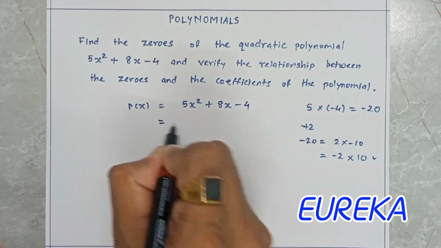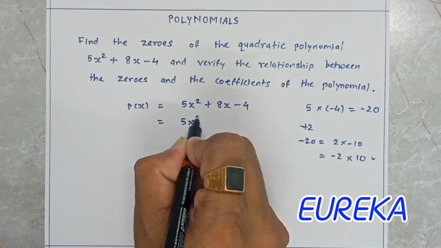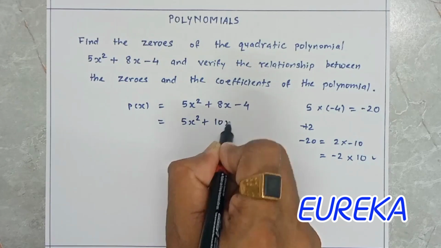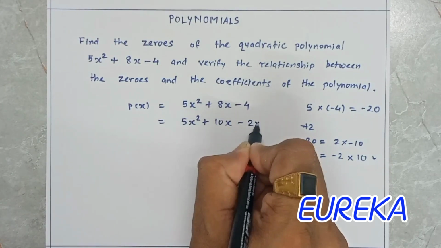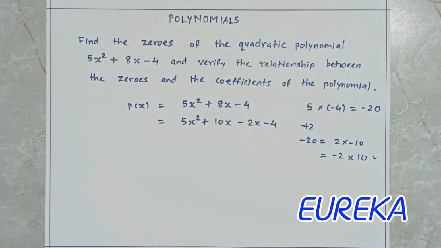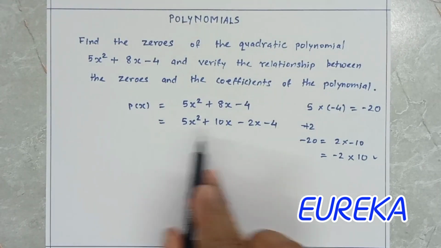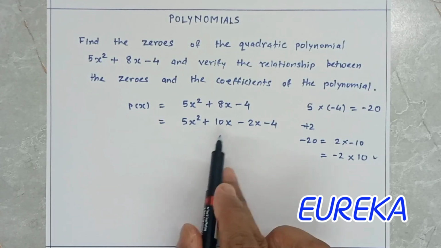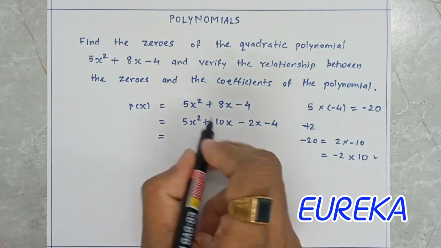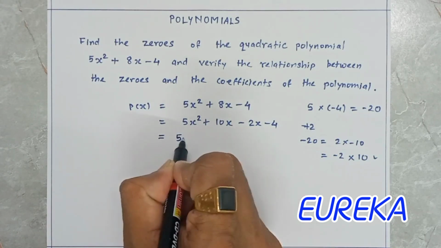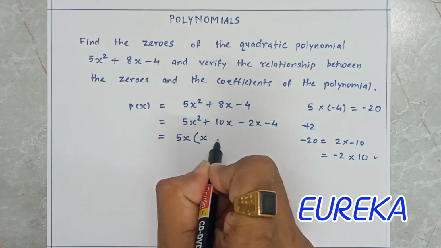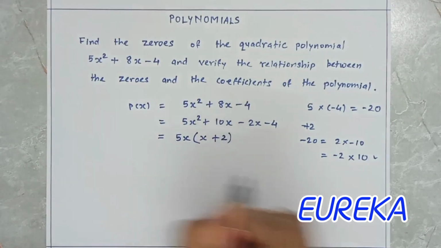So what we will get here? 5x square plus 10x minus 2x minus 4. Now in the first two terms we have to check what we can take out common. We can see that in the first two terms 5 is common and x is common, so we will take out 5x. On taking out 5x common, we are left with x plus 2.